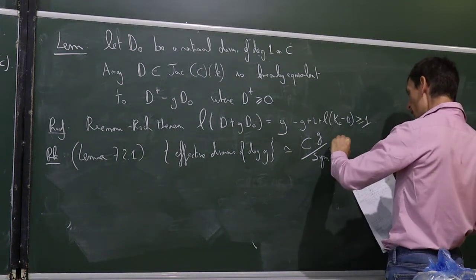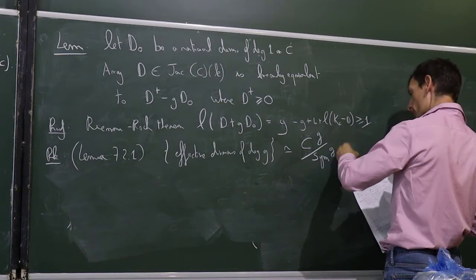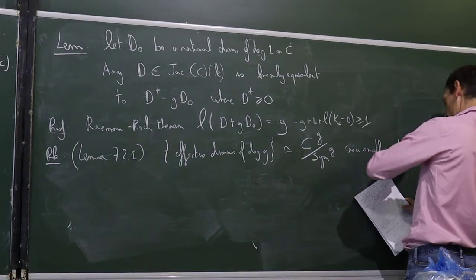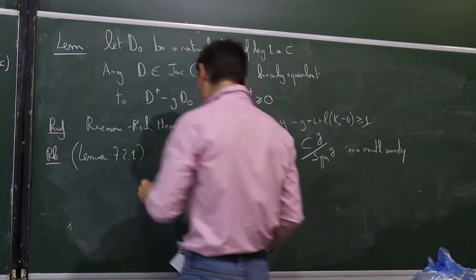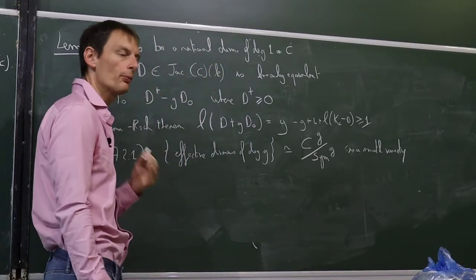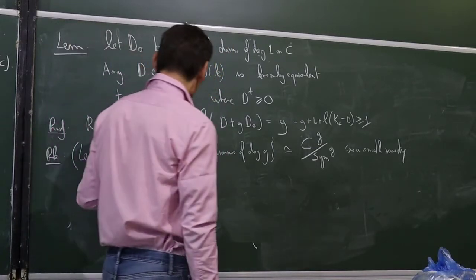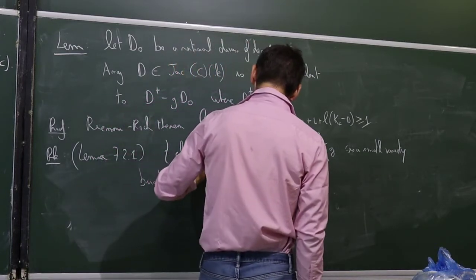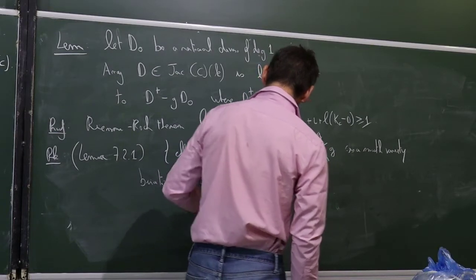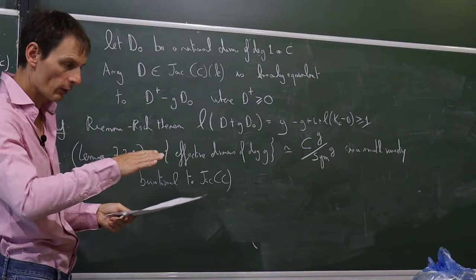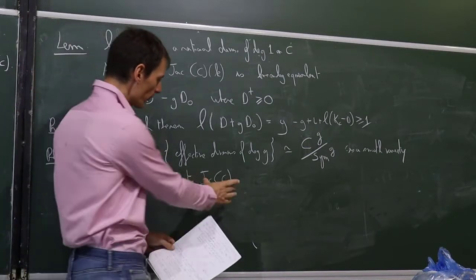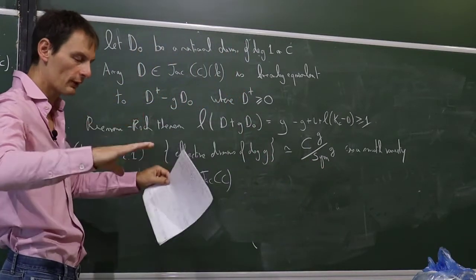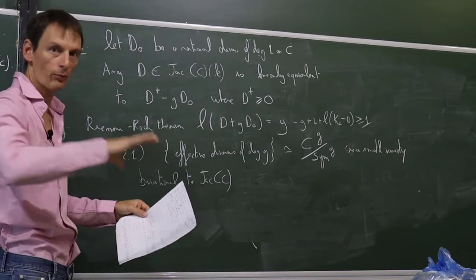And doing this, you still get a smooth variety. And this smooth variety is actually not too far from being the Jacobian, meaning that it is birational to Jac of C. And birational just means that if you have an open set on the Jac C, you have an open set on this variety, such that if you restrict to these open sets, you have an isomorphism between them.